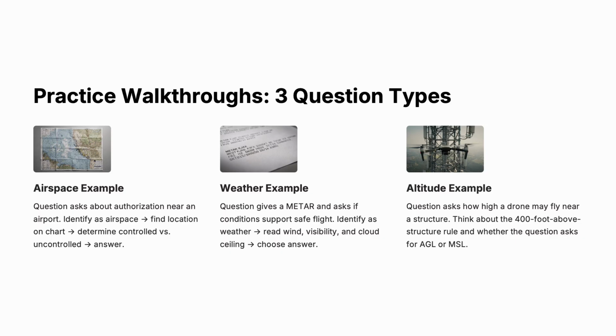Read the wind, visibility, and cloud ceiling carefully. Then choose your answer. Altitude example. The question asks how high a drone may fly near a structure. Think back to the 400 feet above structure rule and pay close attention to whether the question is asking for AGL or MSL. Notice the pattern across all three. Identify the type first, then apply the specific knowledge to that question.